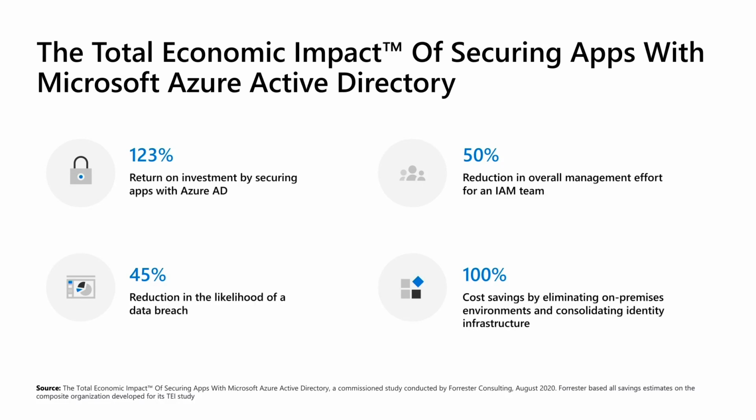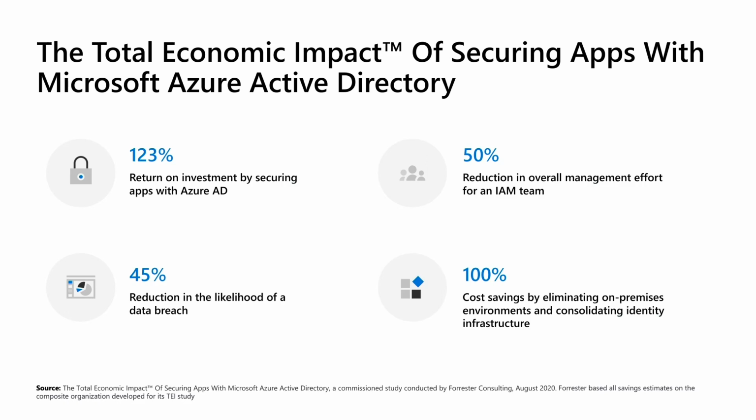Analyst firm Forrester recently did a study they called Total Economic Impact. This was an investigation into the cost savings associated with integrating apps with Azure Active Directory. As you can see, they found it had significant positive impact on the cost of making an organization more secure. A 123% return on investment of integrating apps.